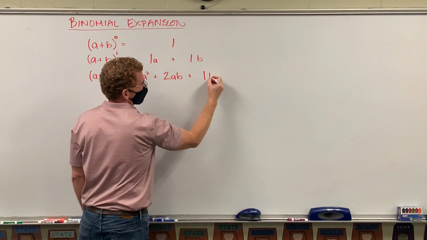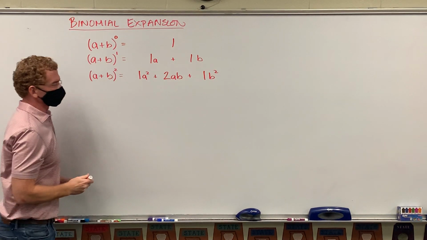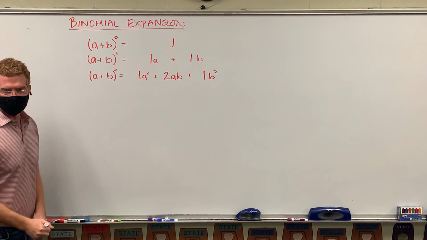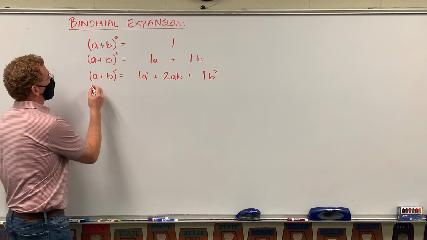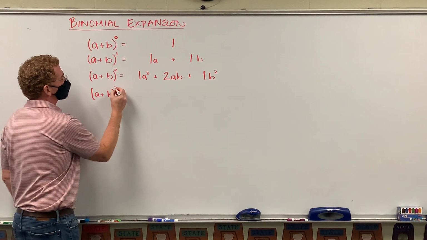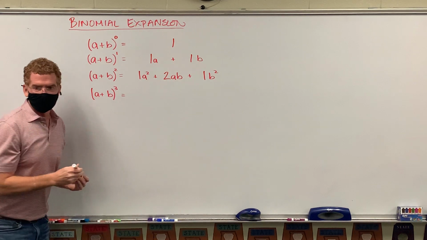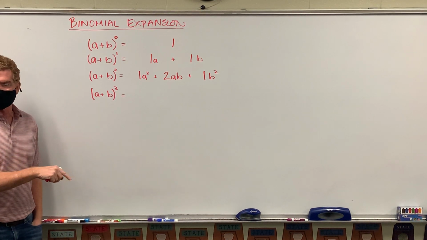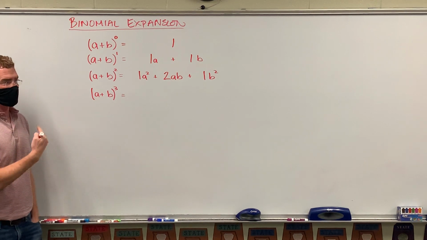Now, I would normally not write the ones in there, but I'm trying to show you something. And some of you may already be seeing it. Okay? Just hold that thought for a second. Now, I doubt that many of you know how to cube this binomial off the top of your head, but my goal is that you will be able to do it quickly by the end of today based on what we're going to learn.